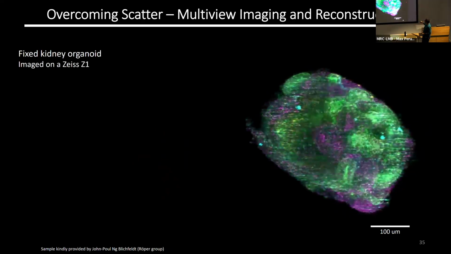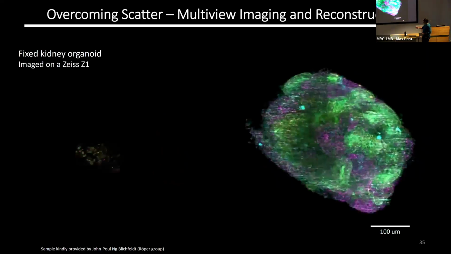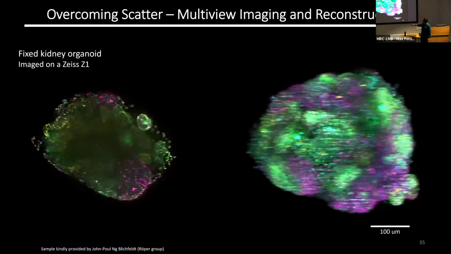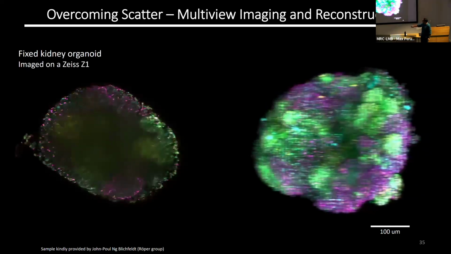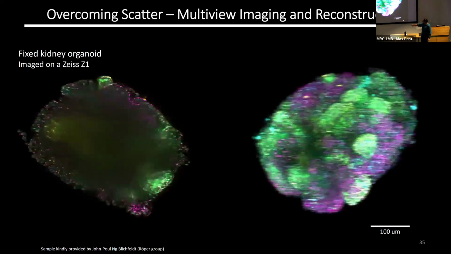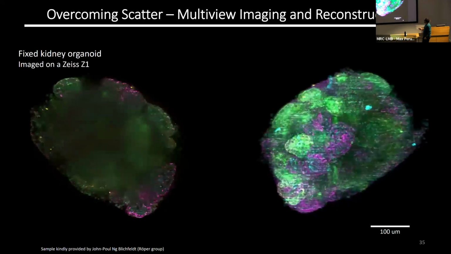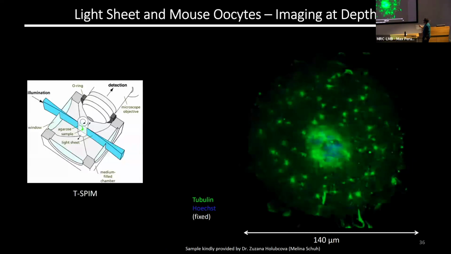And otherwise, if you would be doing illumination and image acquisition only from one side, you could see the image being crisp just here and this side, and it would be blurry on this side. And then you have crisp image all around your sample. So this definitely improves in terms of scattering.